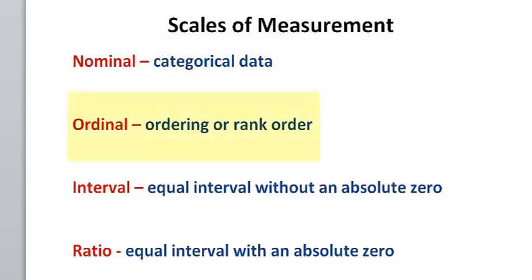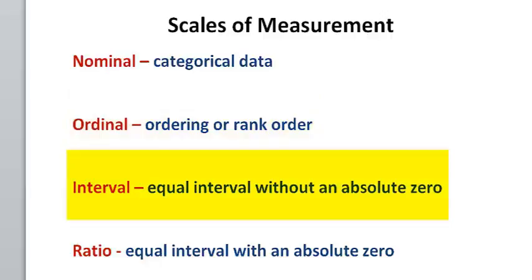Then we have ordinal data. Here we're rank ordering items. So there is some sense of order to the layout of the items that we're dealing with. The third scale of measurement is interval data. Here we have equal intervals without an absolute 0. So we know that if there's 4 different positions, the space between each position is of equal intervals.